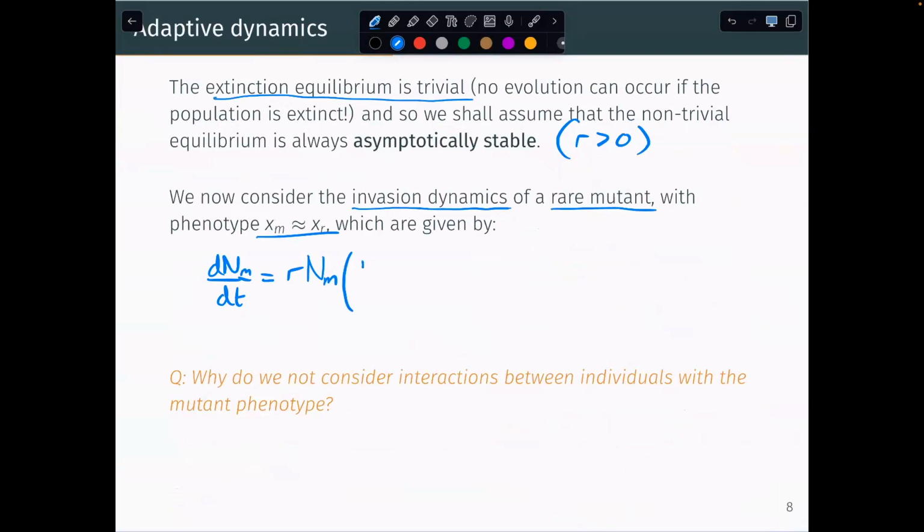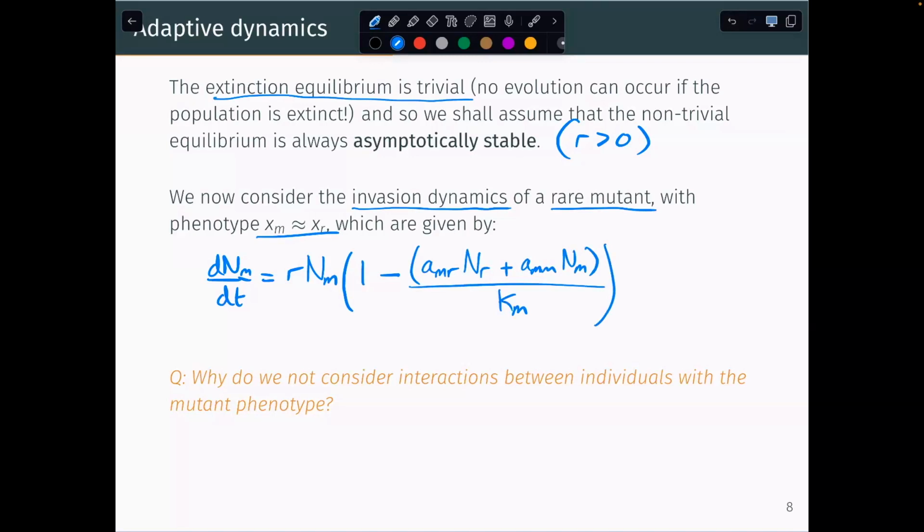And then we're going to have 1 minus, in this case, I'll write it out in full, 1 minus AMR times NR plus AMM times NM, all over KM, the carrying capacity for our mutant. So those are the exact dynamics.